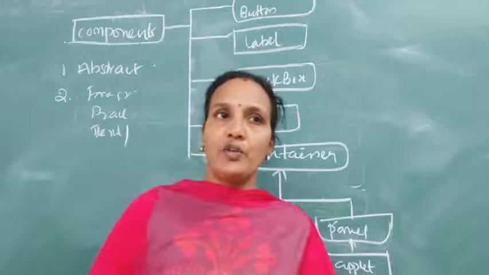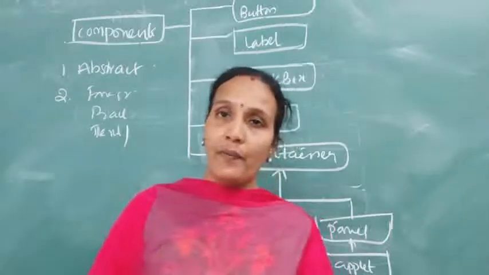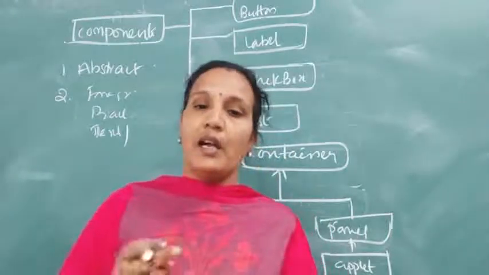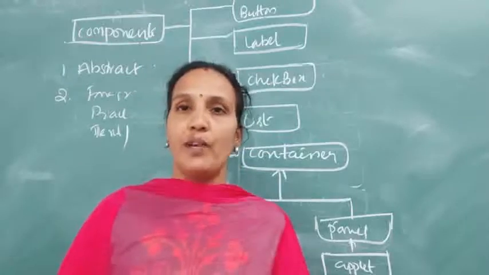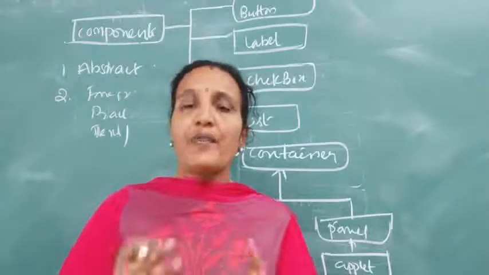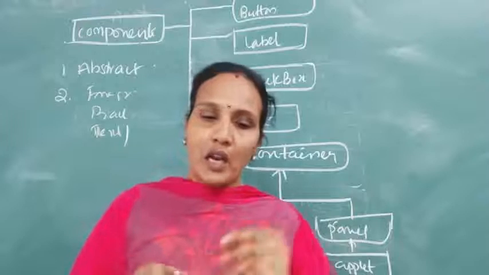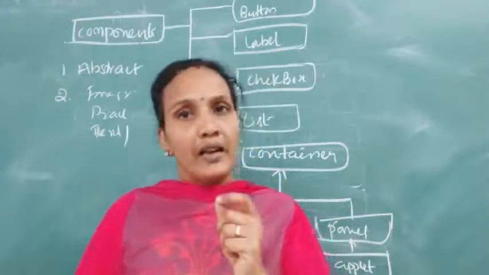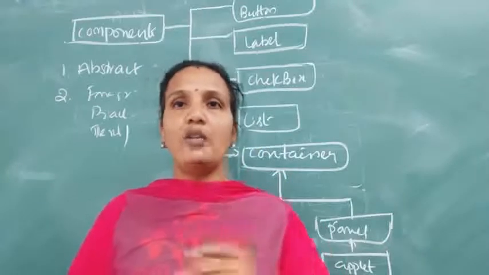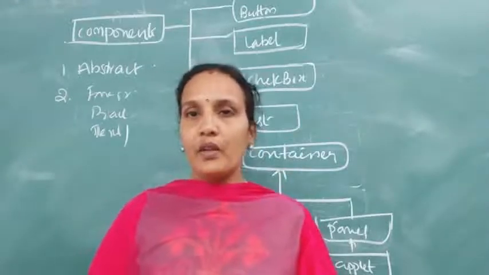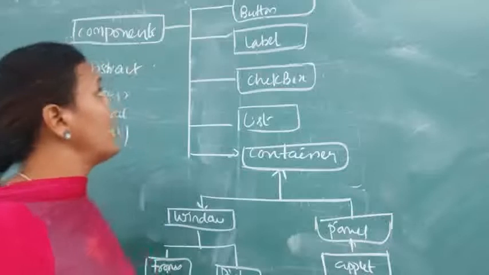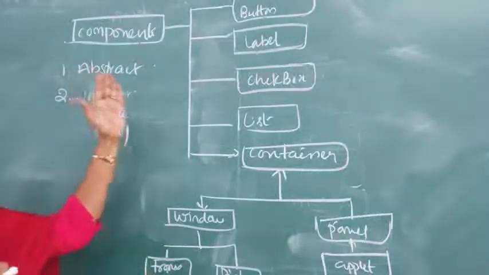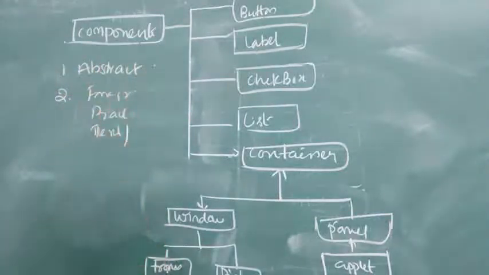All the attributes means what is the size of the component, what is the default text of the component, what is the background color of the component; those are called attributes. And this component class contains complete attribute information about the components. Okay, so this is about the component class. First, you all take a screenshot of this; you need to draw it in your exam.